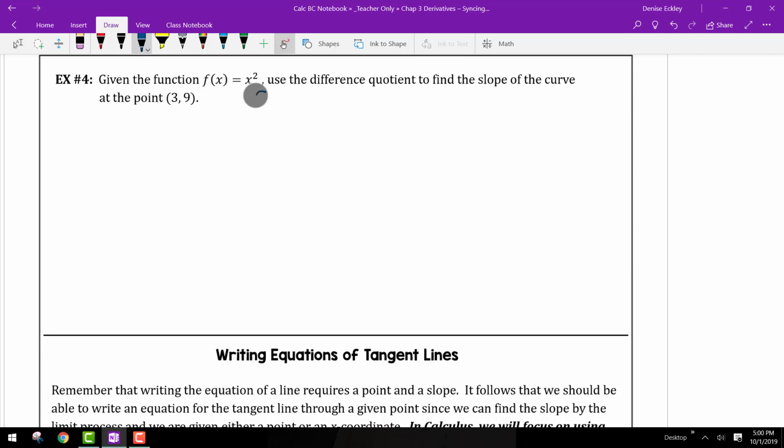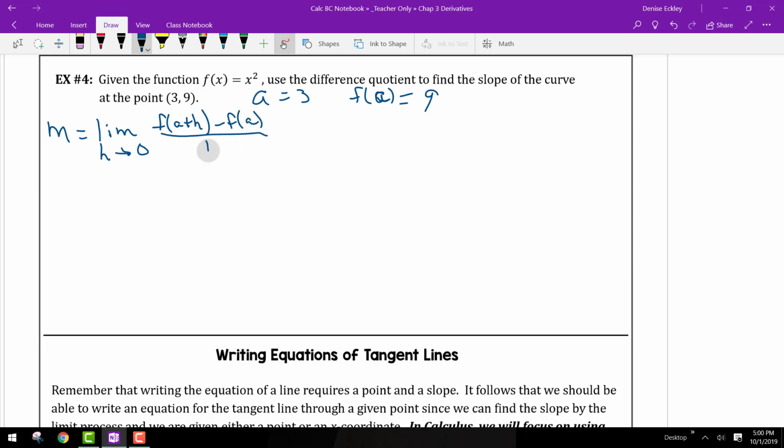We know that our a equals 3 and our f of a equals 9. That's what we know. So we're going to find the slope using our difference quotient and the limit as h approaches 0. So we're using f of a plus h minus f of a all over h.